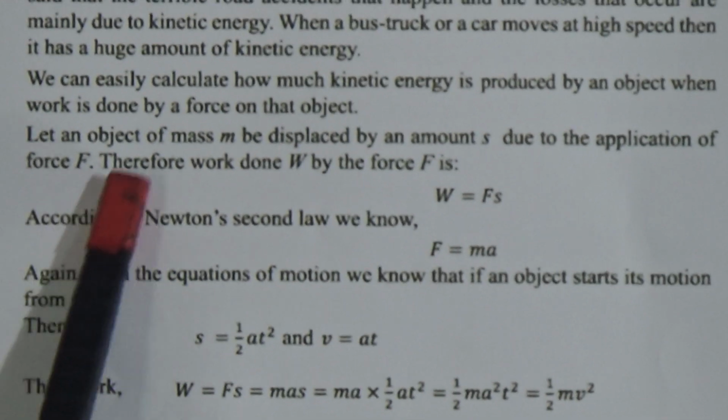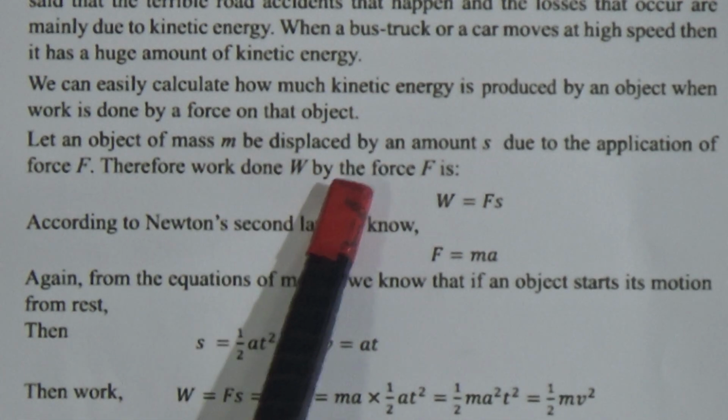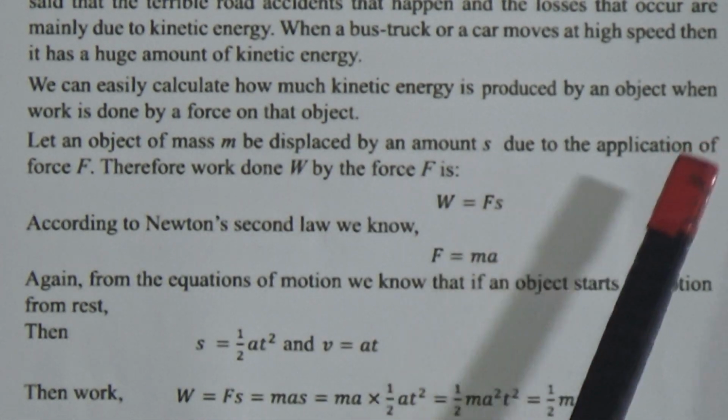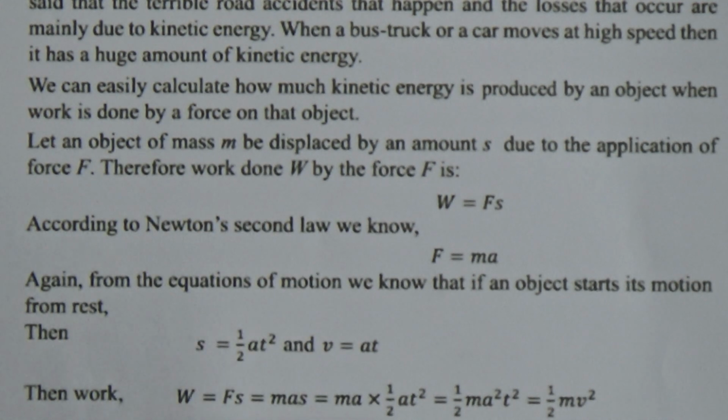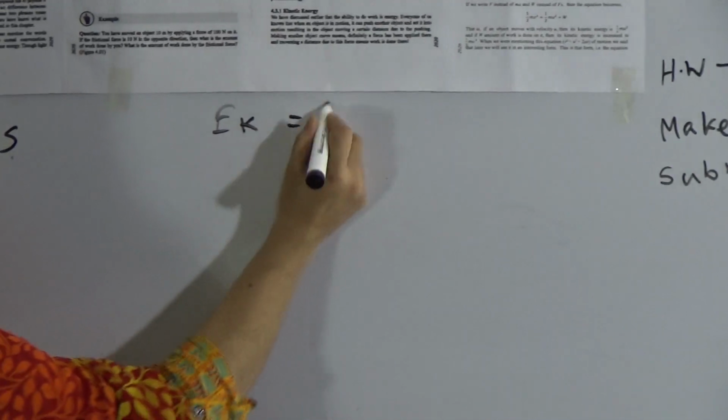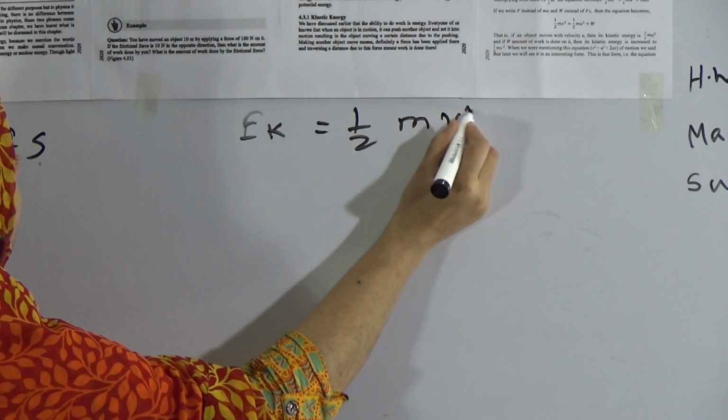Let an object have mass m and be displaced by an amount s. So the applied force is F, and the work done is W equals Fs, and we will now prove that kinetic energy Ek equals half mv².